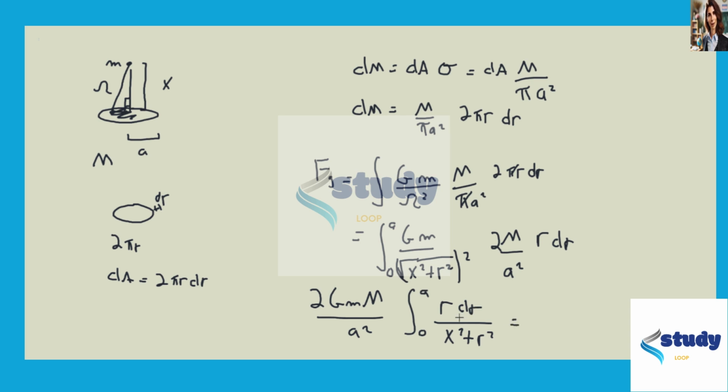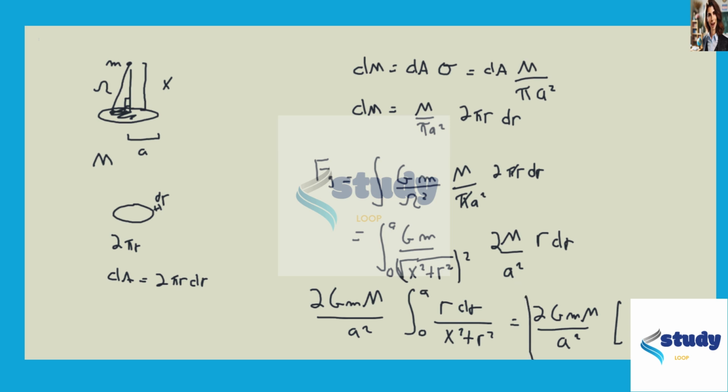At this point, you can do this integral using a u substitution. More realistically, you might look this up in a table or use your preferred method of solving somewhat hard integrals. When you do that, you should get our constant still, and then this will evaluate to 1 minus x over the square root of x squared plus a squared.